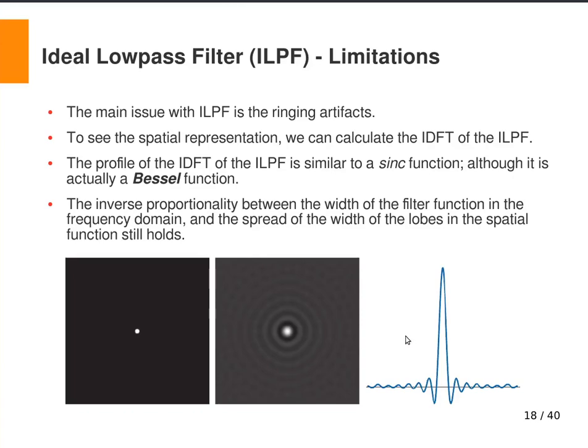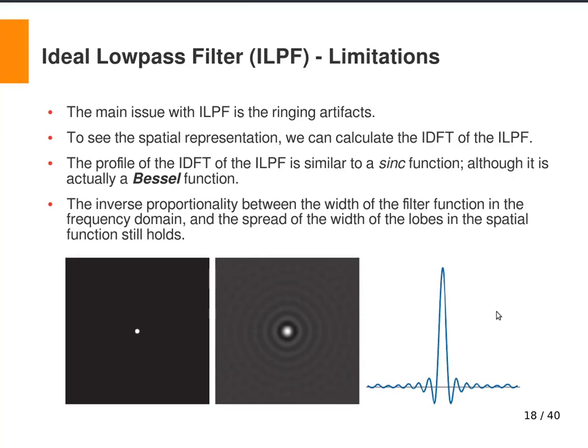If we look at the profile, we see several points of zero crossing that contribute to the effect that we see when we apply the ideal low pass filter to the images.